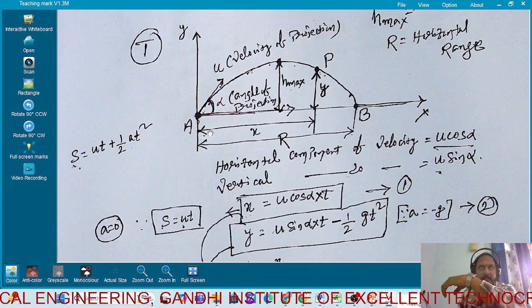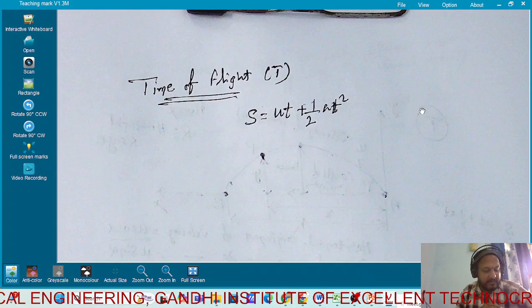Now, what I'm trying to say here is, let us use this particular expression. S is equal to ut plus half at square. Is this clear? Now, when that particle is traveling from point A to point B, the y coordinate at any point, which coordinate am I talking about?